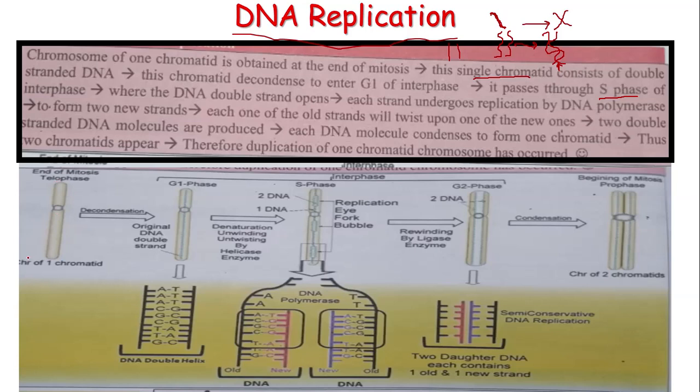This is the first chromosome, the first stage of chromosome, which is made up of one chromatid at the end of interphase, at the end of mitosis. Then while it enters G1, the double helix opens, okay, will open.